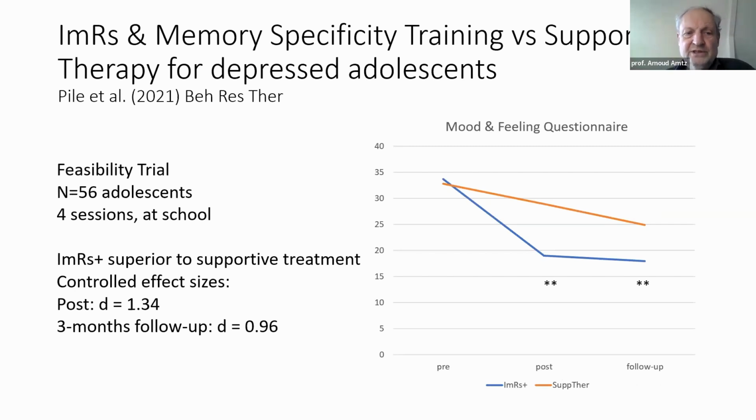And you see, again, very nice effect sizes. Here there are controlled effect sizes, so it's the difference between imagery scripting and memory specificity training in favor of the imagery scripting treatment compared to the supportive treatment.